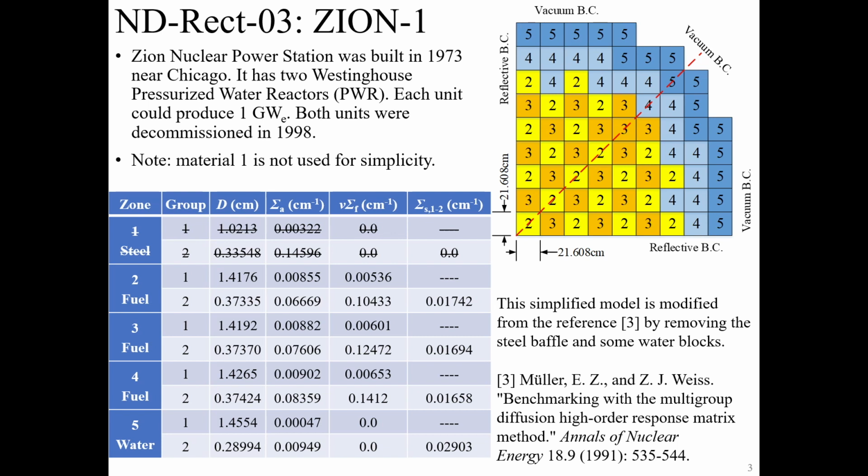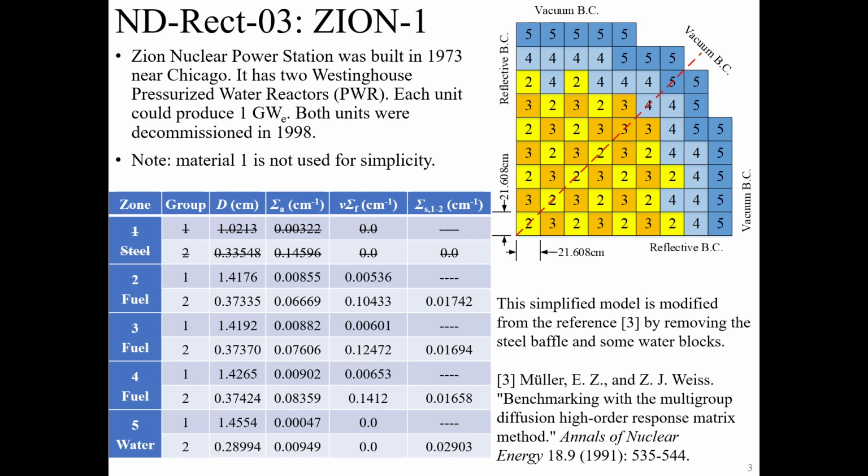This model is simplified or is modified from the reference 3 by removing the material 1 to give you a simple model. So in this table, you see that you have 5 materials, but the first material will not be used. We only use the material 2, 3, 4, and 5.